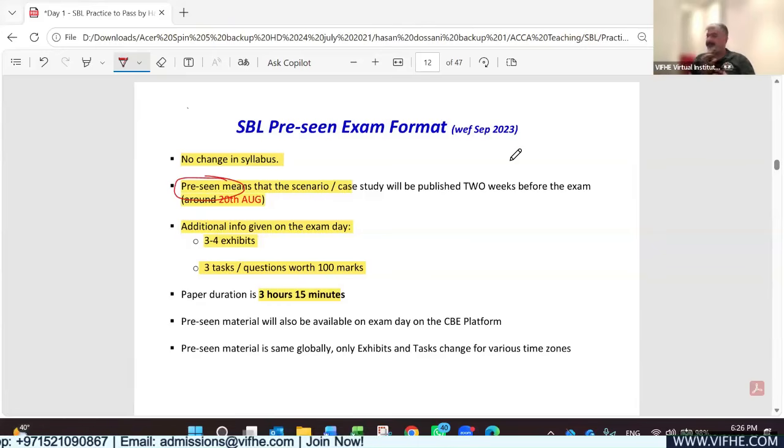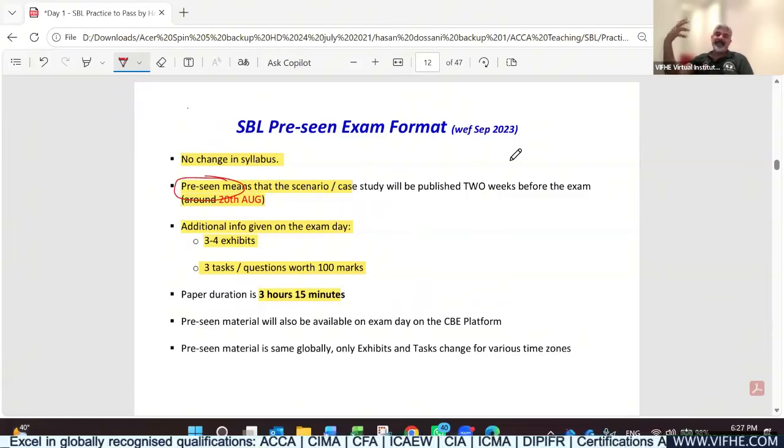Is that good or bad? That's really good. Yes, because now you know which company will be tested, which industry will be tested. You can prepare yourself for various possible topics and questions. That is why you see the SBL passing ratio is more than 50%.